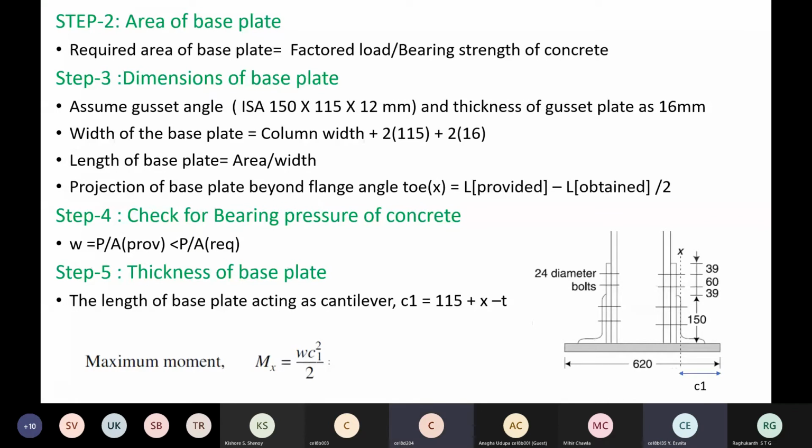Yes. Units you have to mention. Kilonewton mm. Yes.